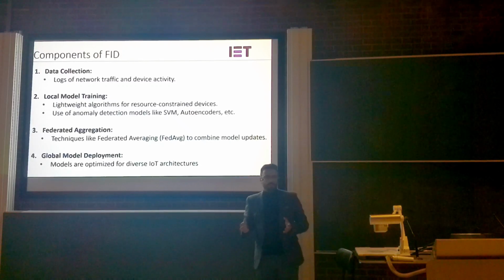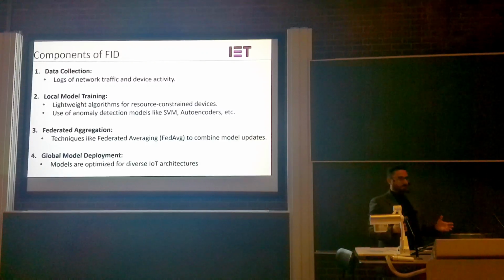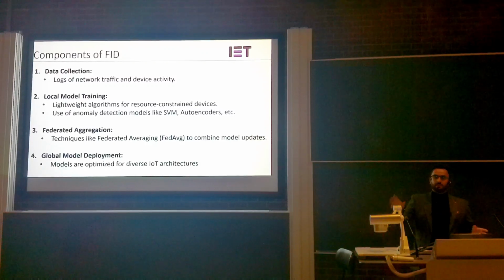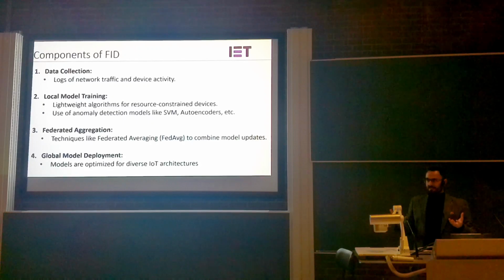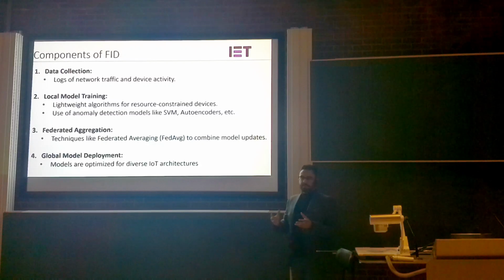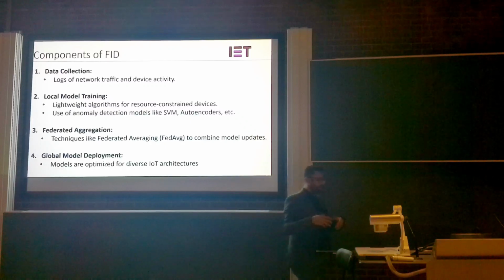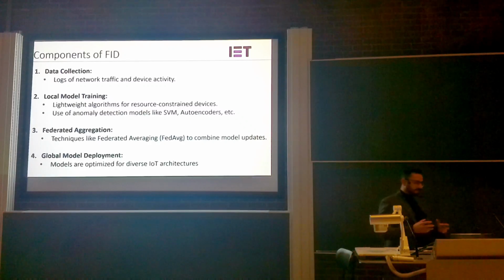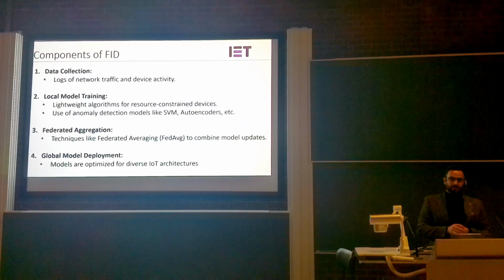For example, if we are considering a scenario of a smart home, and you have multiple gateways in your home deployed for federated learning, that is completely different from having edge devices in an industrial network with industrial IoT devices, where you have edge computing that is much more powerful than your edge at home or your router.